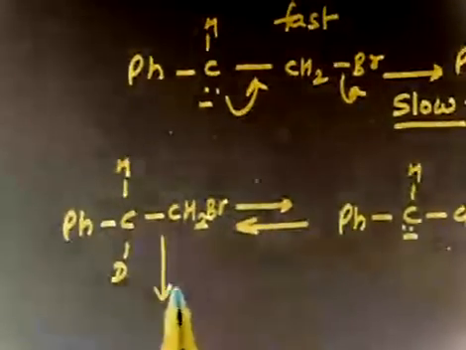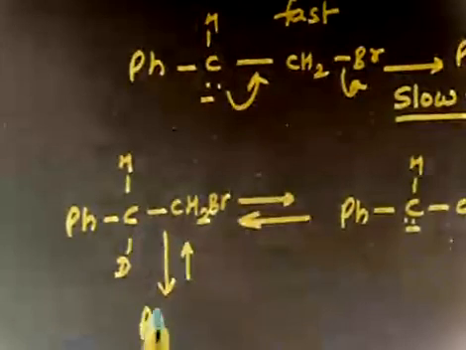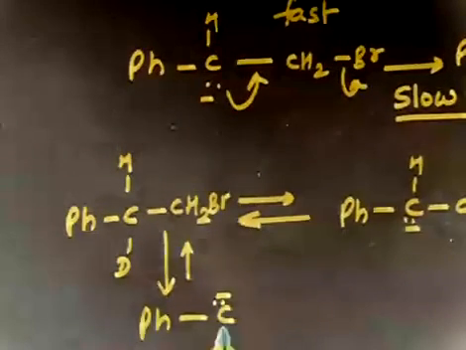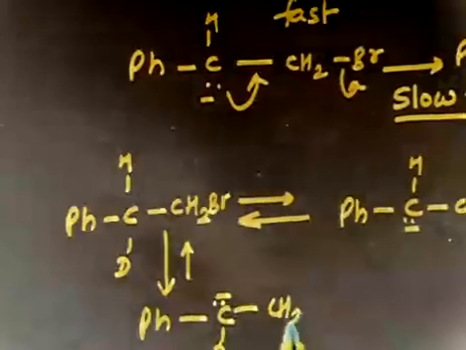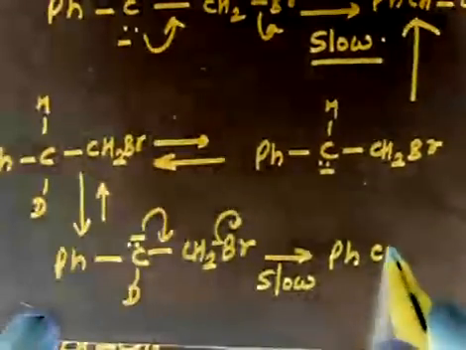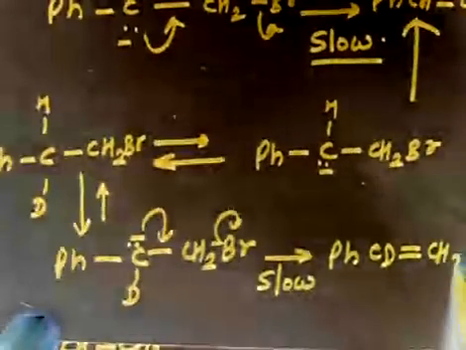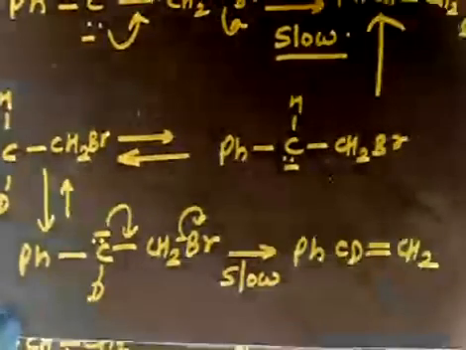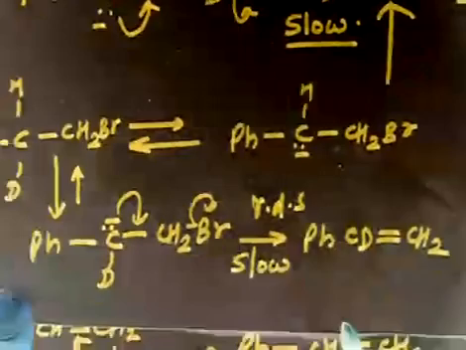And now in the next step, if you take H plus, you will have PhCD minus CH2Br. And now if this carbanion pushes off, expels this bromine out, this step is a slower step. So you will have PhCD=CH2. Are you getting or not? This step is a slower step. This is also the RDS.